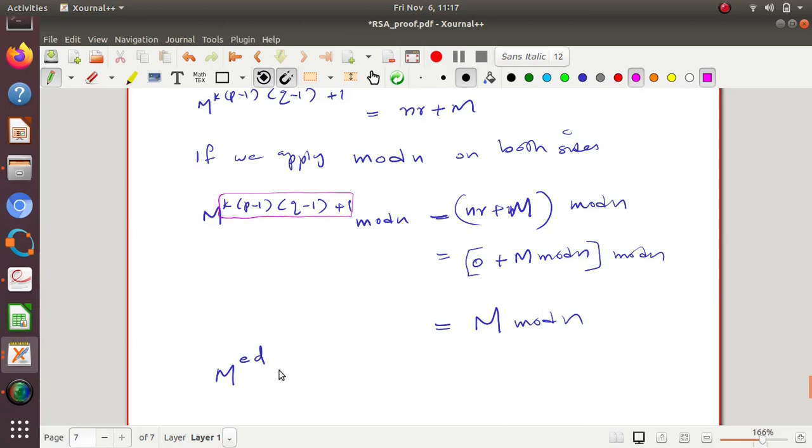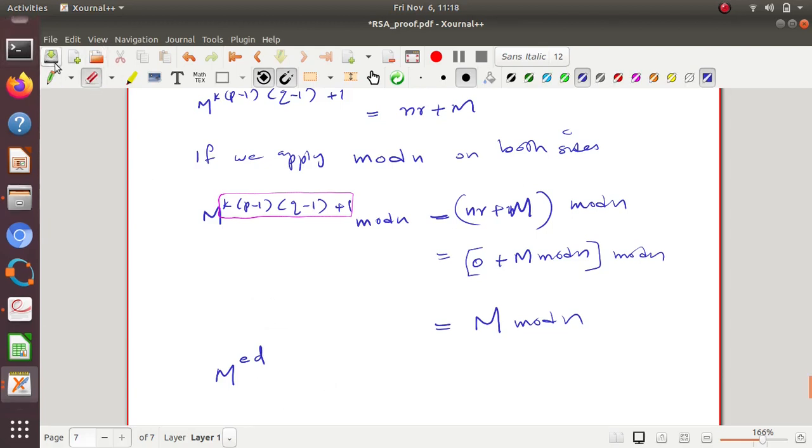So m to the power ed mod n is equal to m mod n.